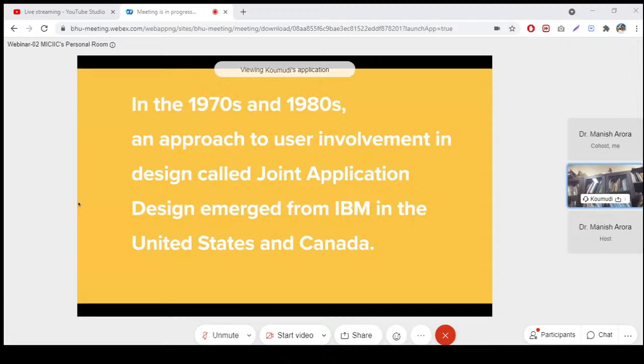In comparison with participatory design, joint application design is often a bit more about group dynamics, brainstorming, and organizing group meetings. In the early 1990s, the Scandinavian approach to democratic design was adopted and extended within the HCI community in the form of participatory design.